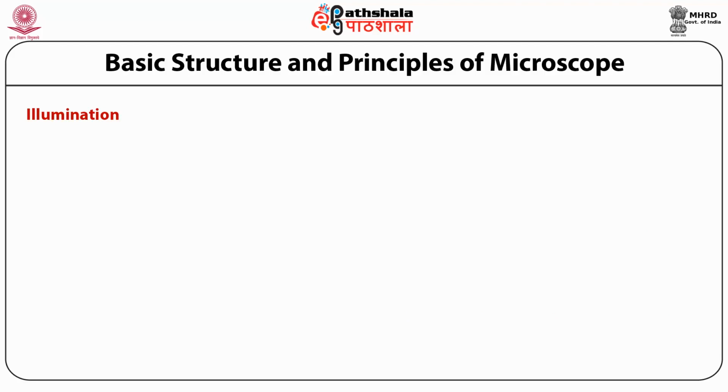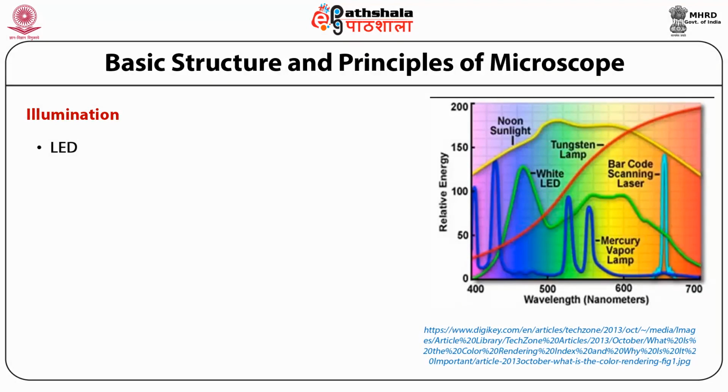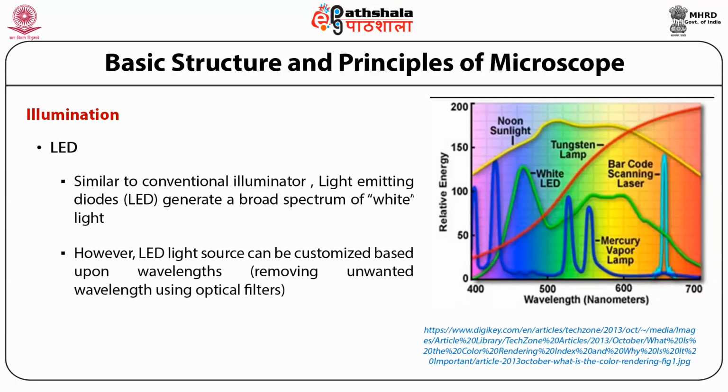The latest one, the recent light source, is the LED, which is similar to the conventional illuminator because it produces a broad range of white light. But the advantage with these is that we can provide filters which can remove a specific wavelength of our interest, whichever we want, whichever we don't want.